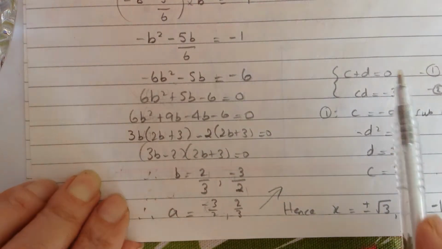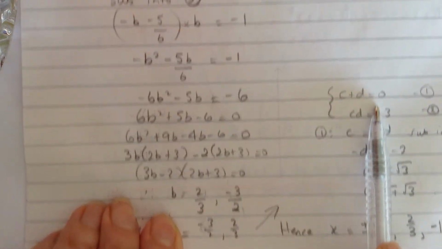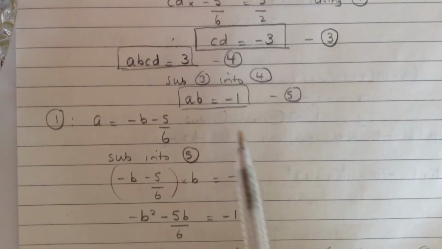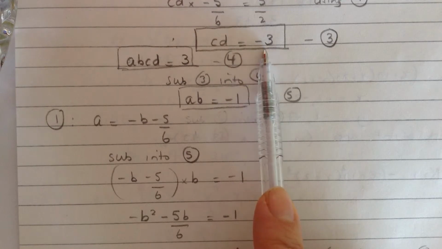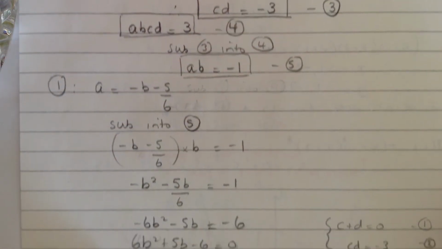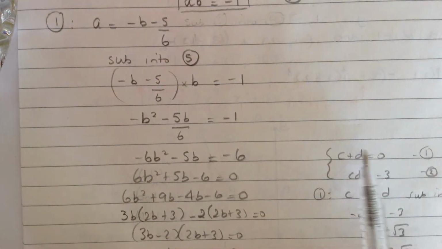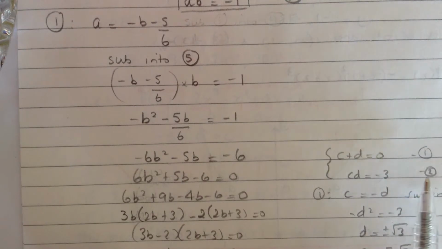Now, as we said earlier, C + D = 0, and equation 3 was CD = -3. So there we have two equations with two unknowns, C and D. They are the only two we have to find now. I've renamed those as equation 1 and equation 2.